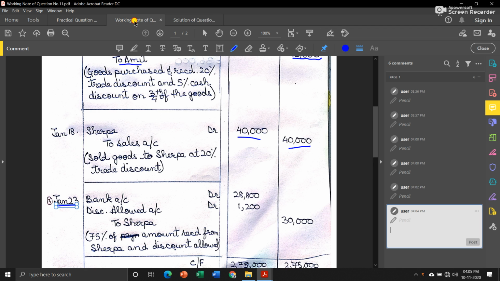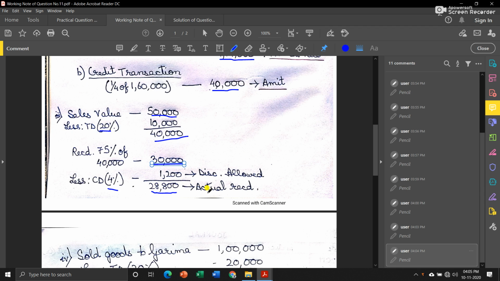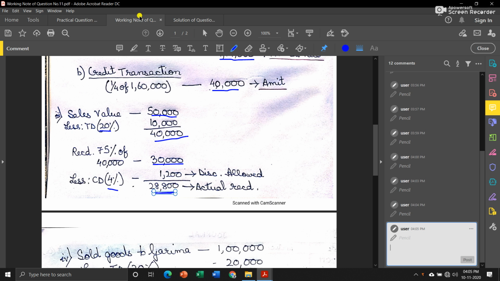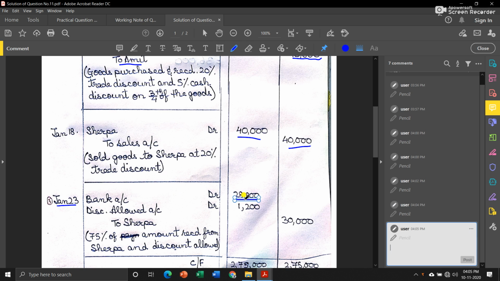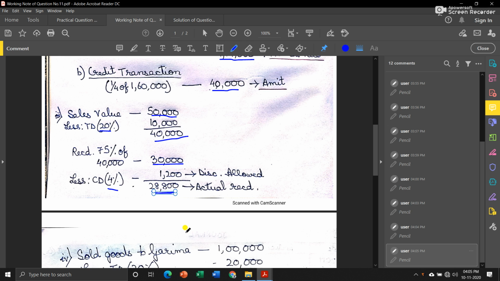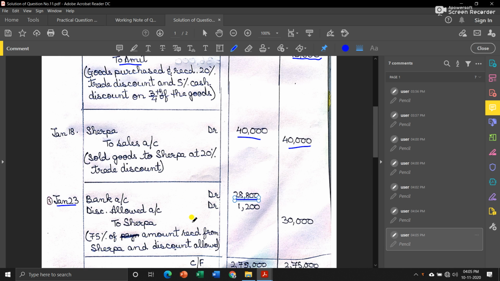In the working note, the actual amount that we received after deducting cash discount is 28,800. So we will write 28,800 in the bank column on the debit side. Then discount allowed is 1,200, so we will write 1,200, and altogether that 75% was 30,000. If we add 28,800 and 1,200, we get 30,000.